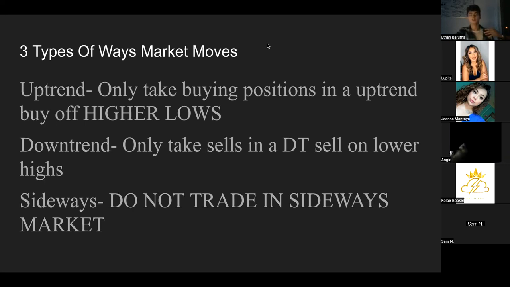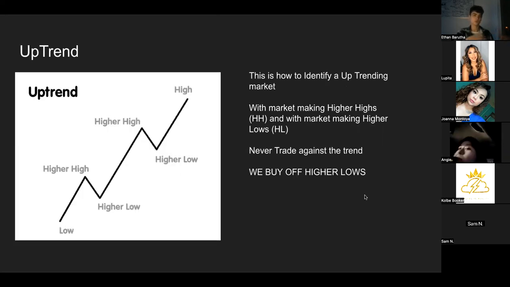Okay, so now that we understand the three types of way that the market moves, we want to break down what an uptrend really looks like. So remember how I was saying you want to buy off higher lows? Well, this is what I am talking about. In an uptrend, uptrends make higher highs, and then they come back down to make higher lows.